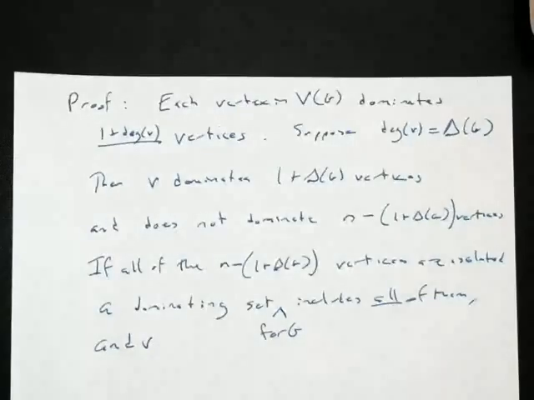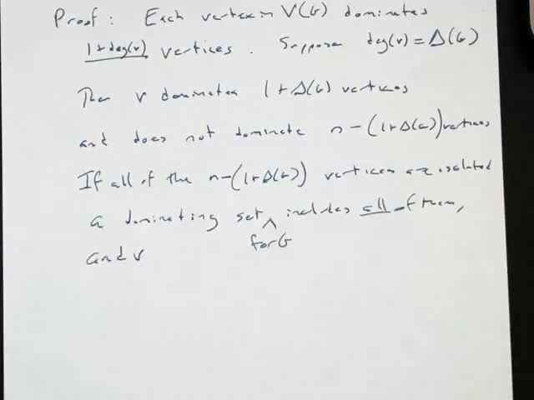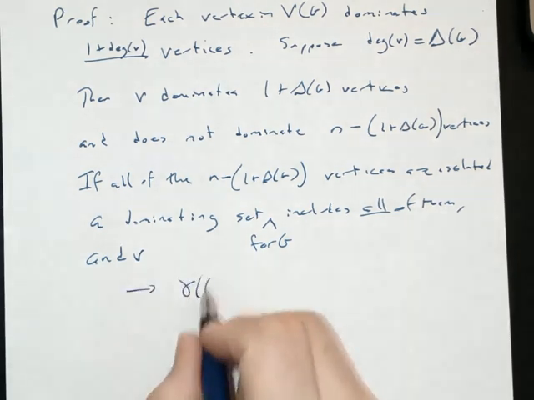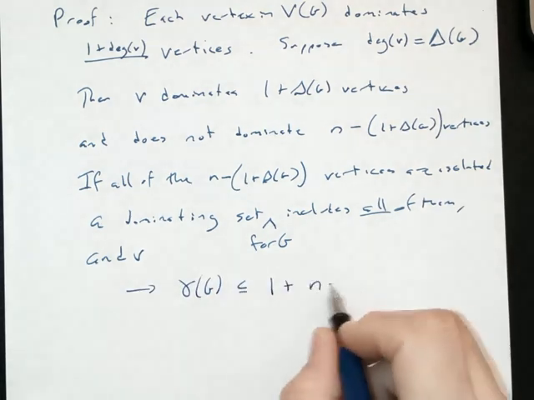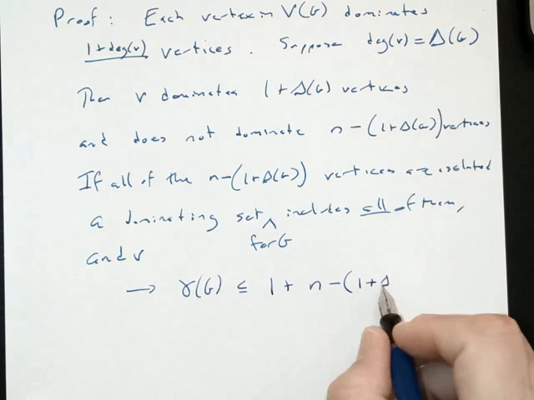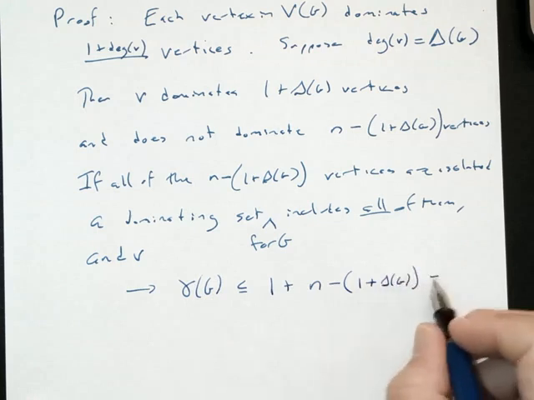And that means that my domination number is 1 plus n minus 1 minus delta of G. There's my upper bound.